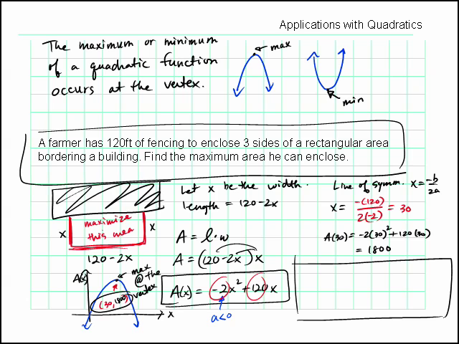The maximum area is when we make the width 30. So the width is 30. That makes this over here also a 30. The length would then be 60 if you plug the 30 in for the x there. And you multiply those together, 30 times 60 does give us the maximum area.